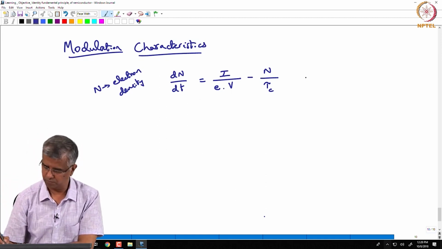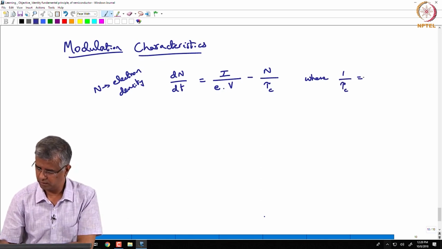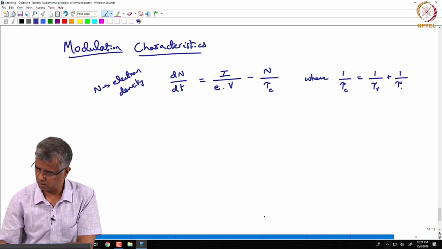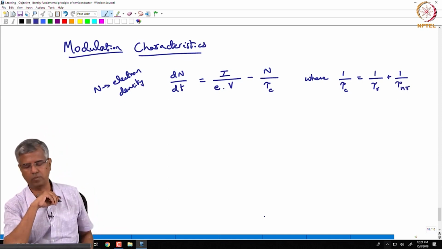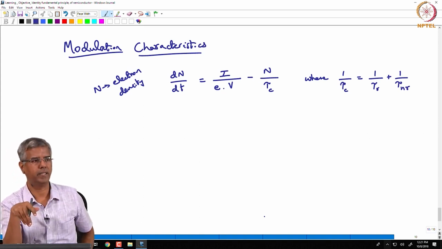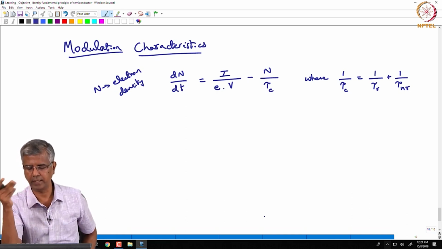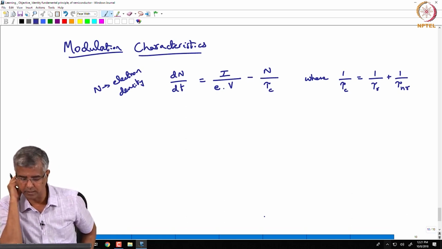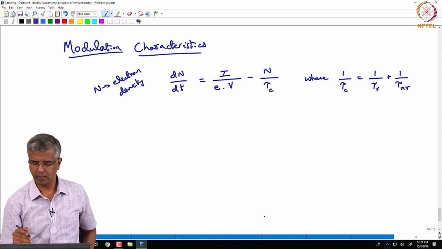So, we can say 1 over tau c is equal to 1 over tau r plus 1 over tau nr, where nr corresponds to non-radiative process, right. You understand that? So, there is a rate at which carriers are increasing and the rate at which carriers are getting depleted.